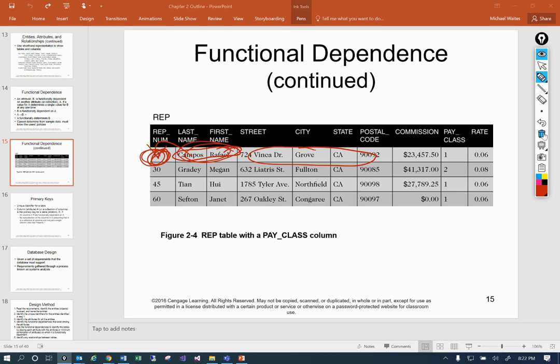And because of that, because 15 now represents this piece of information, we can say that 15 is the primary key for that. And in fact, we could really go as far as to write this out.